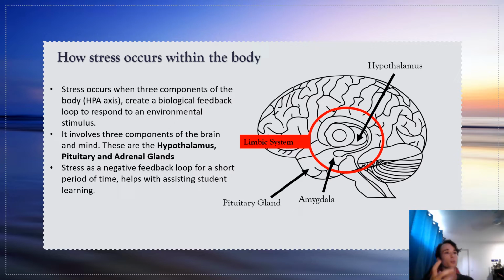Stress is initiated when the amygdala recognizes potential dangers. As a result of perceiving a particular threat, the hypothalamus is notified and begins to release a chemical called CRF. On release, this chemical travels to the pituitary gland and in response produces a second hormone known as ACTH.